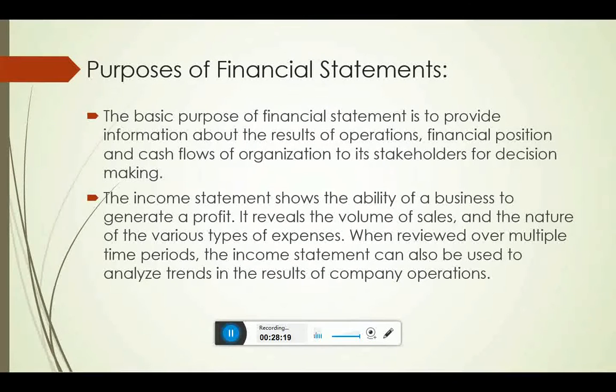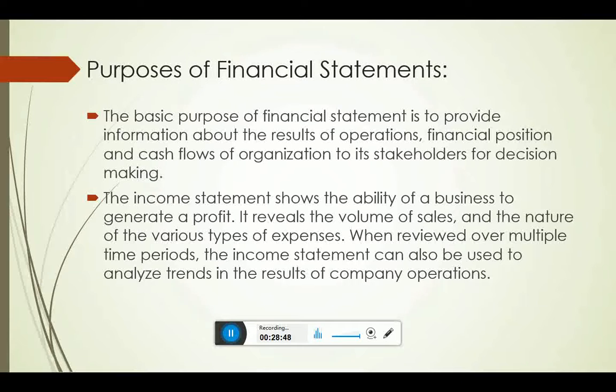We can also compare different years' financial statements of a company. For example, we take the last 5 years of income statements, and then we see the trend of the company's income, right? Let's start from 2015. In 2015, how much was the income, and how much did it increase in 2016, and how much in 2017?